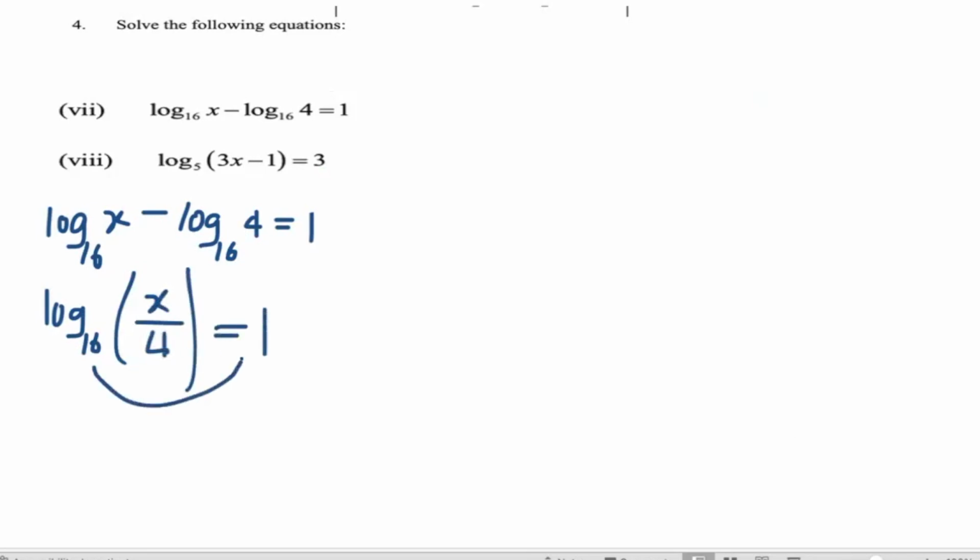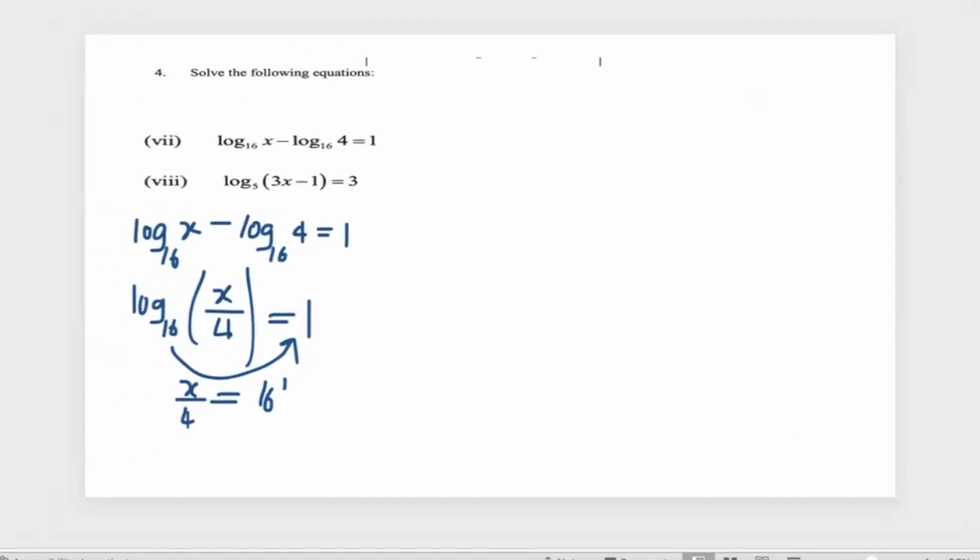So exponential form, so this is going to be x over 4 equals 16 is the base and 1 is the power. 16 to the 1 is 16. So I'll have x over 4 equals 16. And then to get rid of the 4, you multiply both sides by 4. So this will cancel. So that means x is equal to 16 times 4 to give you 64.